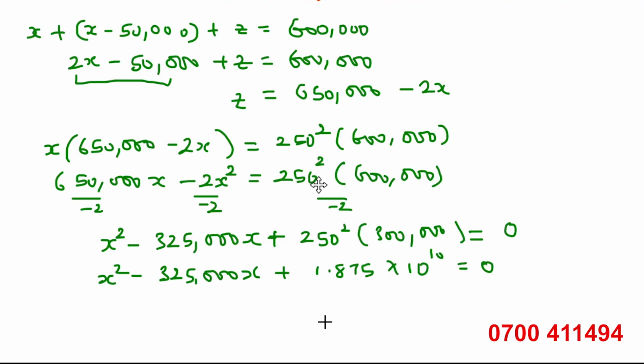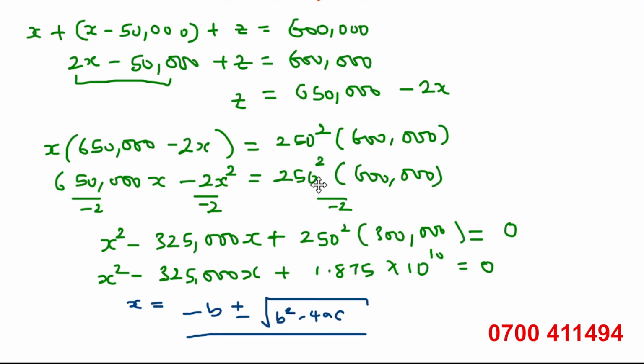So for simplicity, we are going to use the quadratic formula, which says that to get the value of x, it is minus b plus or minus the square root of b squared minus 4ac, all over 2a.